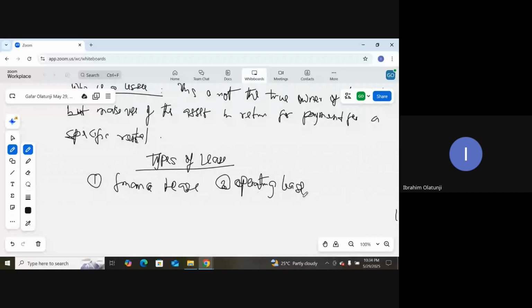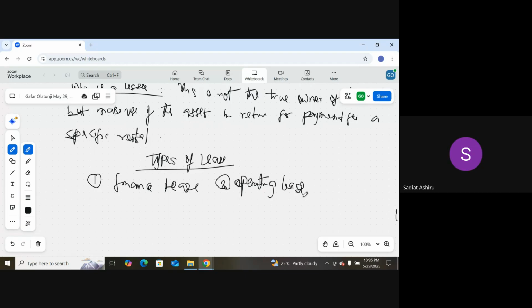So, obviously, the lessor, who is the owner, will receive a rental payment from the lessee. And that rental payment needs to cover the full cost of the asset plus the profit margin.